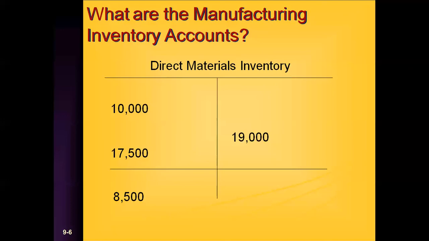It increases when direct materials are purchased, in this case $17,500, and decreases when direct materials are issued into production, and that's a $19,000 credit. So again, direct materials and raw materials are terms that are going to be used throughout the chapter.